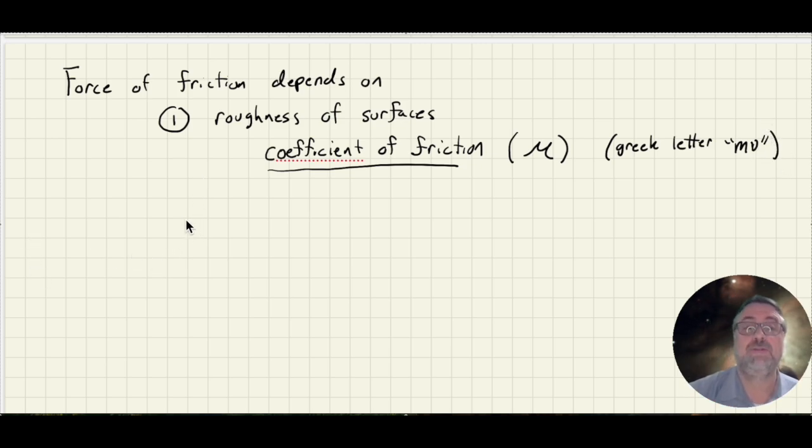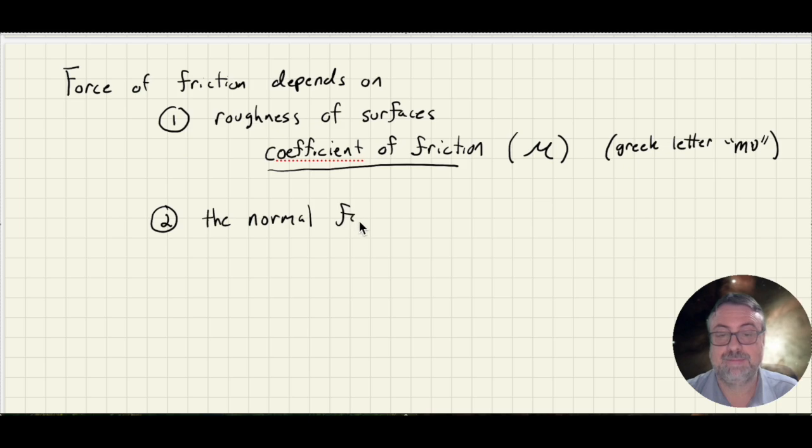Now, the other thing the force of friction depends on is how tightly the surfaces are being squished together. That means it depends on the normal force. The tighter the surfaces are pushed together, the more normal force you have pushing down into the floor.